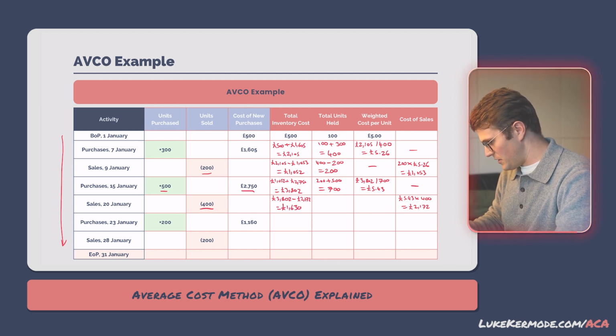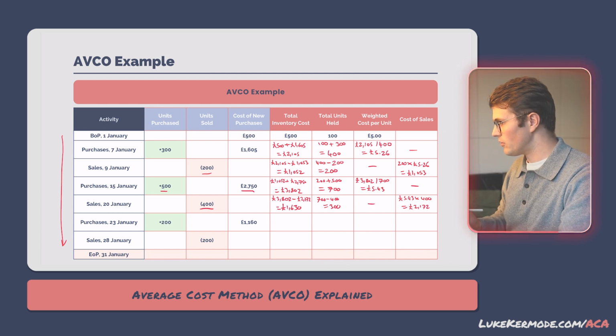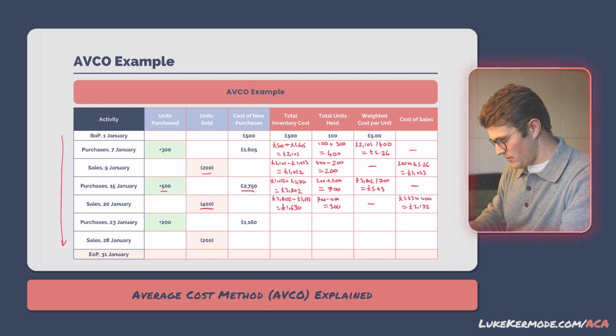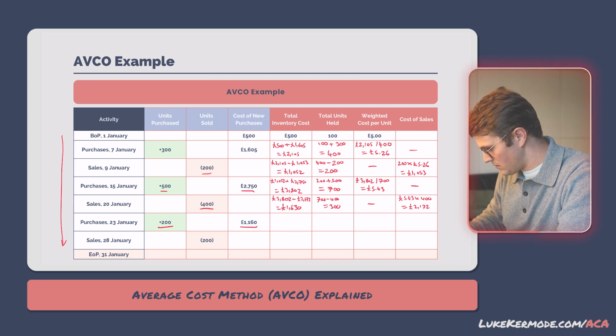We have units at that date of 700 minus 400 equals 300, and we don't need to recalculate the weighted cost per unit. And we carry on with the next purchase of the 23rd of January. Our inventory cost will increase by £1,160.